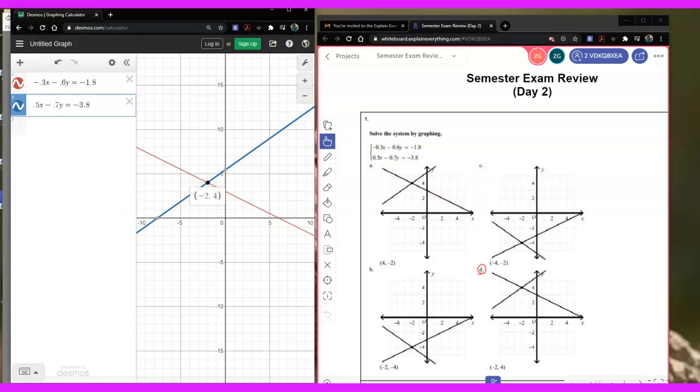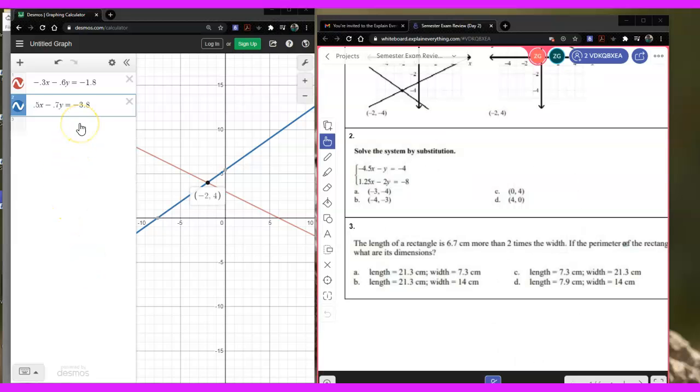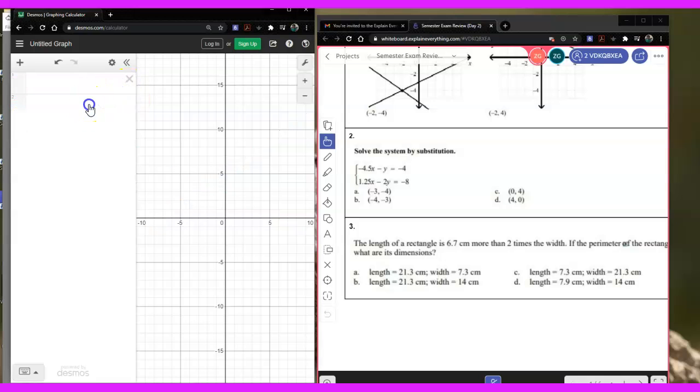So we went ahead and used Desmos to do number 1. For number 2, you can also use Desmos. I'm going to go ahead and click out of this.